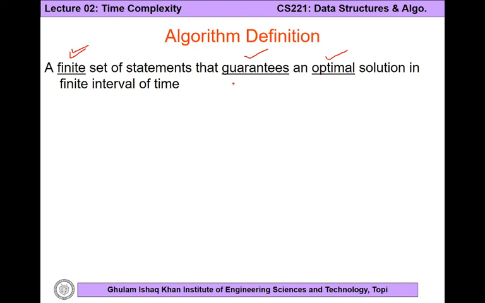And if you developed your piece of code for the Macintosh operating system, it should work for Windows and Linux and Unix as well. And by optimal, it means that the solution which your algorithm provides should be perfect. It should not be near to optimal, it should be the optimal one, right?